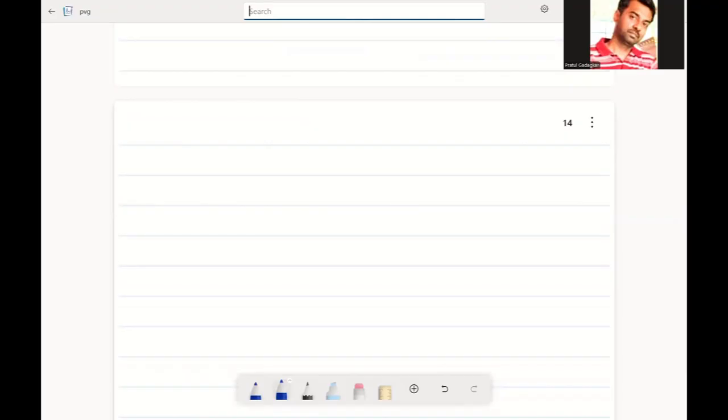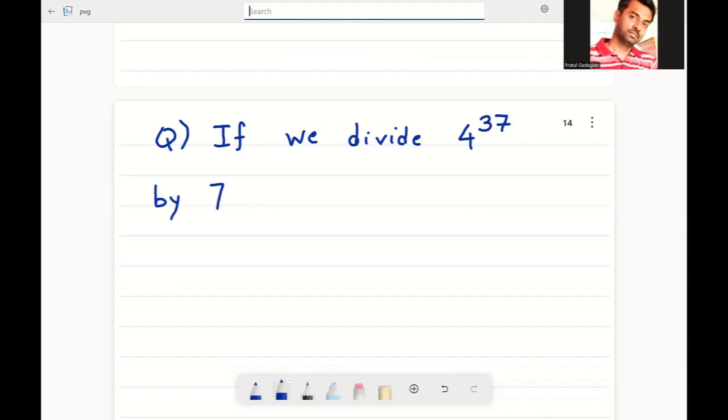Let me take a simple exercise. If we divide 4 raised to 37 by 7, what is the remainder?